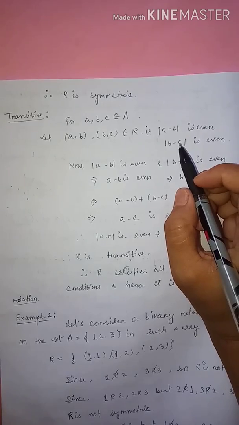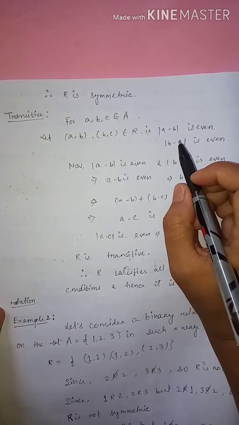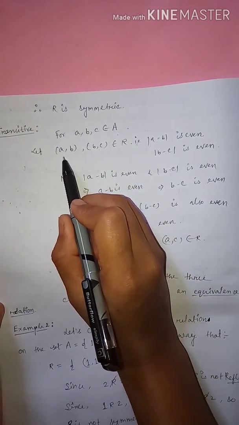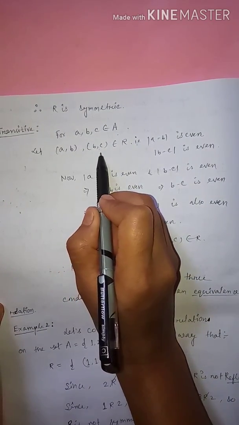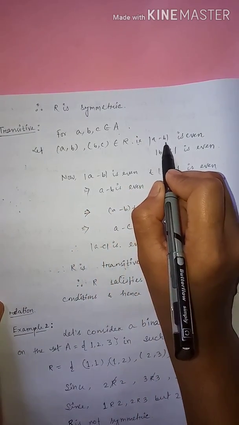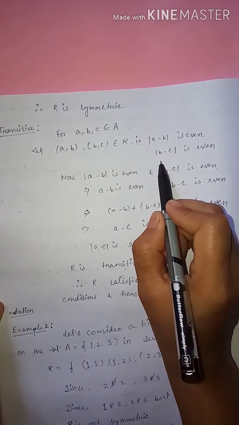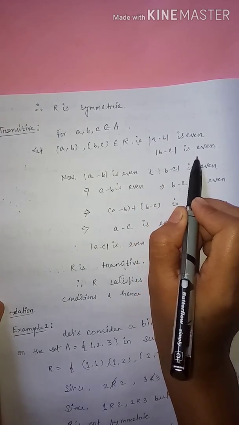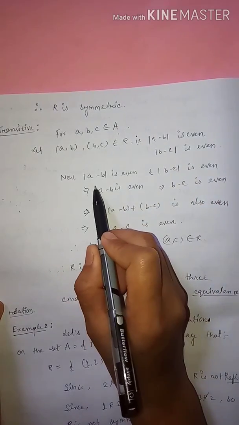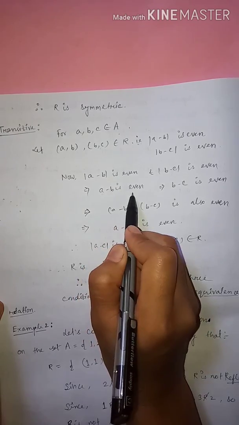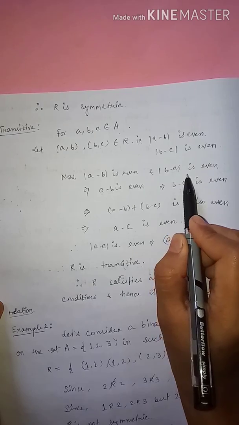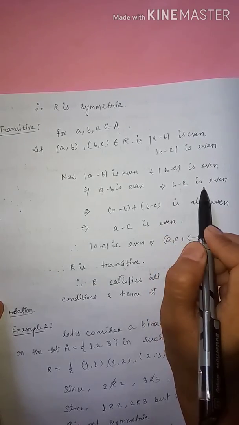Now for transitivity, let us take three elements a, b, c belonging to the set A. Let the ordered pairs (a, b) and (b, c) belong to the relation R. That is, modulus of a minus b is even, and modulus of b minus c is also even. But modulus of a minus b is even implies that a minus b is even. Similarly, modulus of b minus c is even implies b minus c is even.